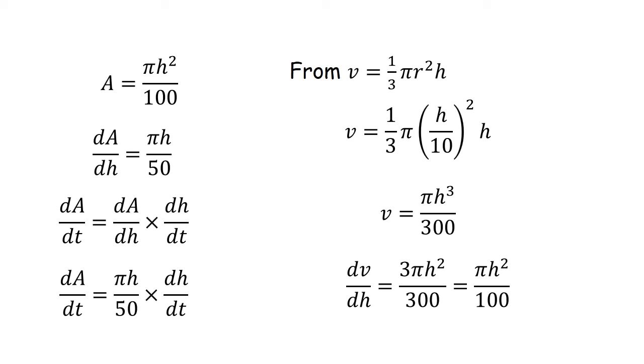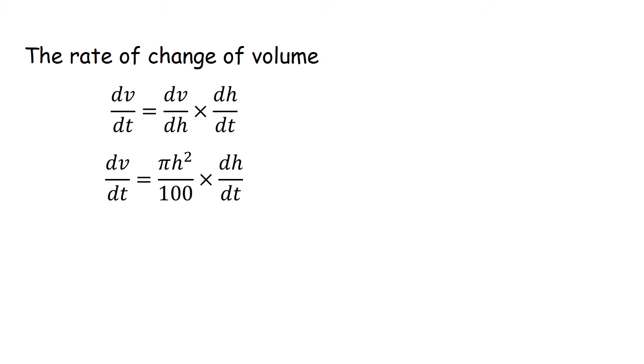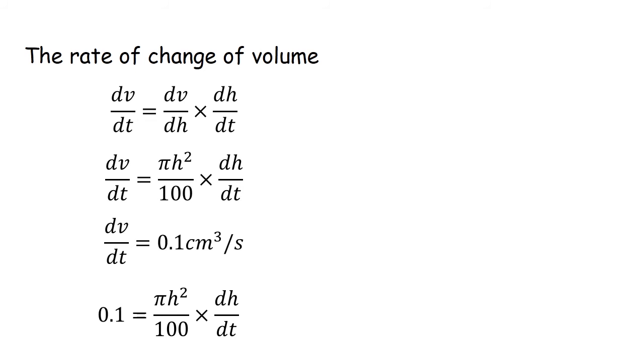Then here I had to find dvdh, which gives me this. After getting this, I come back and place it here where there is dh. So dvdt is equal to that. dvdt was given as 0.1, so we substitute there.